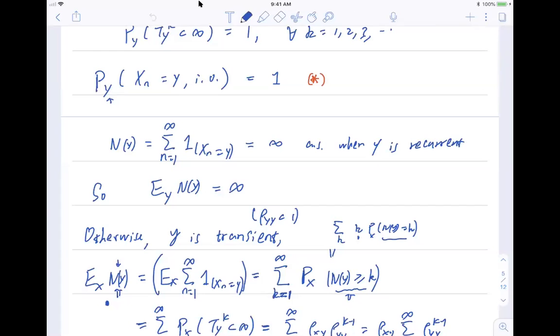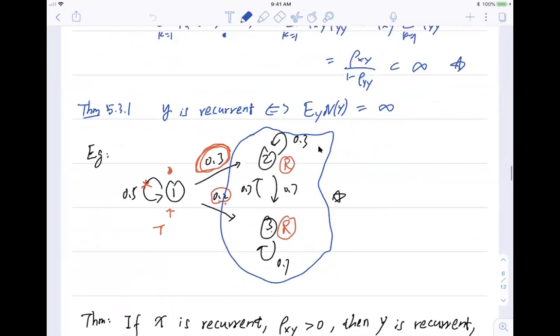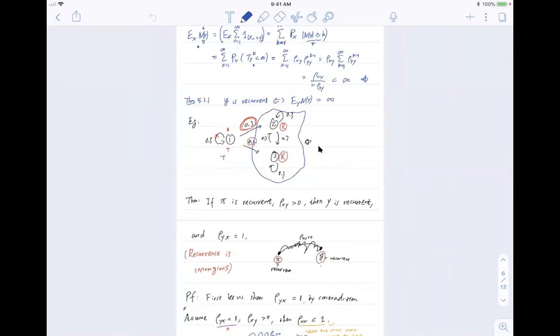So now there are 14 students. I will start. Last Wednesday we covered a little bit about the recurrence and transience for Markov chains.